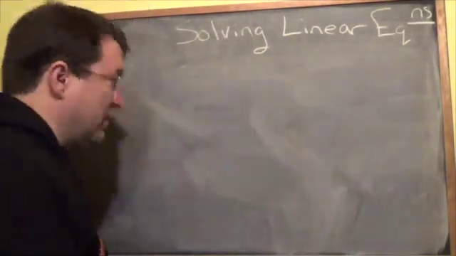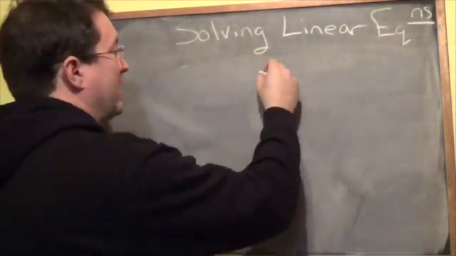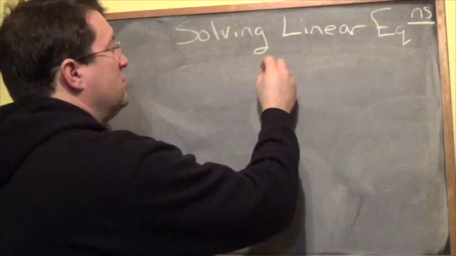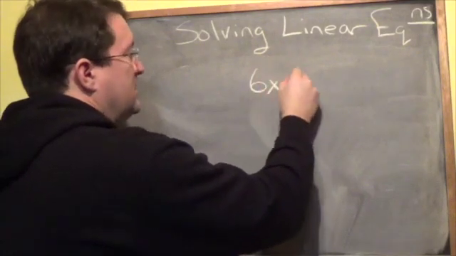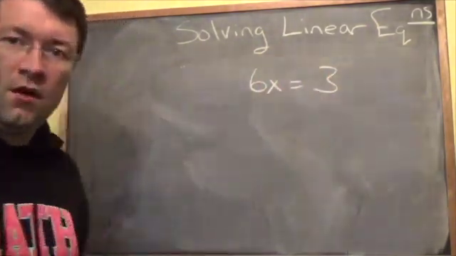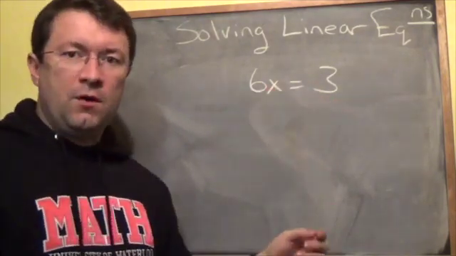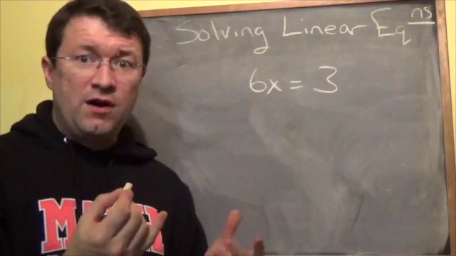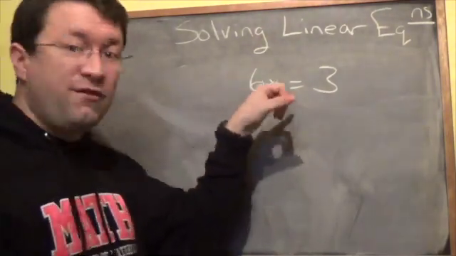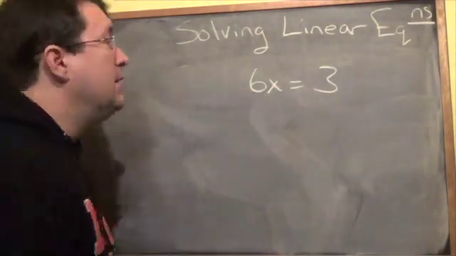If you reduce down a linear equation to something like, let's say, 6x is equal to 3. Okay? Well, I've got term equal to term. Okay? So this is really just breaking it apart now in terms of factors. I want to strip away the factor of 6 from both sides.